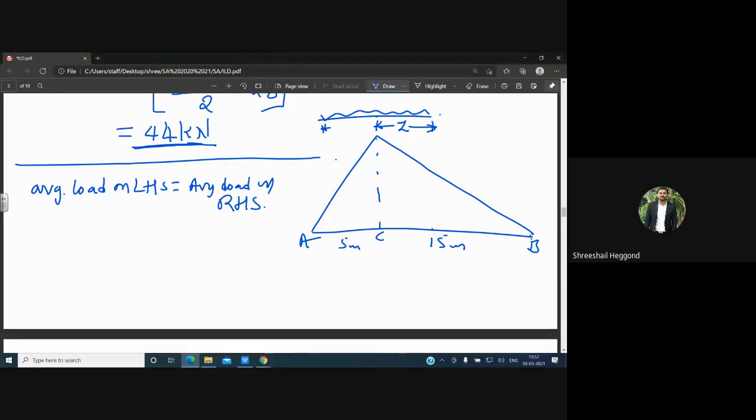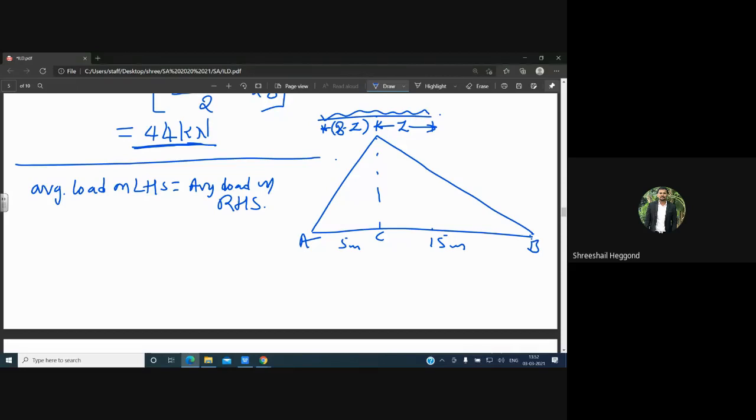You can consider the left side as Z and the remaining to be the other distance. The total UDL distance is 8 meter, so the remaining will be 8 minus Z. If I consider one section to be Z, another section will automatically be 8 minus Z. I need to calculate the Z value.